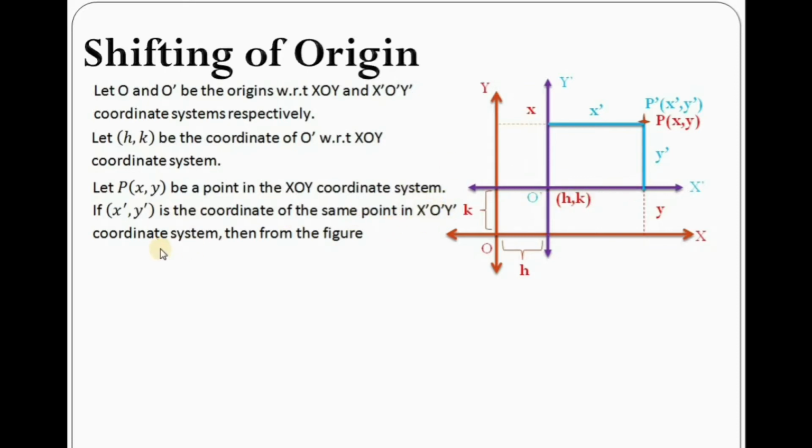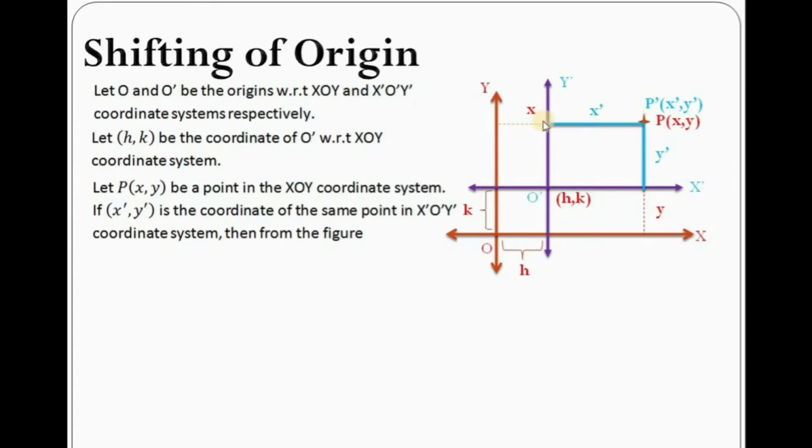then from the figure, see here carefully, if this is my h, that is from here to here is h, then from here to here is also h, from here to here is x dash, but from here to here is how much? This whole length is x. So can I say this x is equal to h plus x dash?